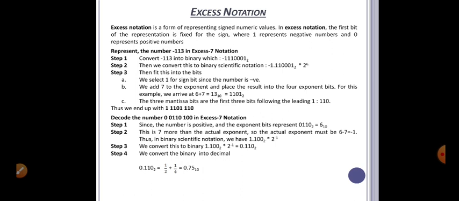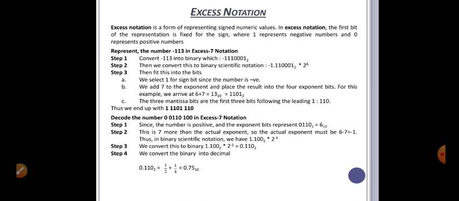Always keep in mind that the first bit is the sign bit, and it tells what particular number it is. If it is 1, the number is negative, and if it is 0, the number is positive. Let us understand it with one example.